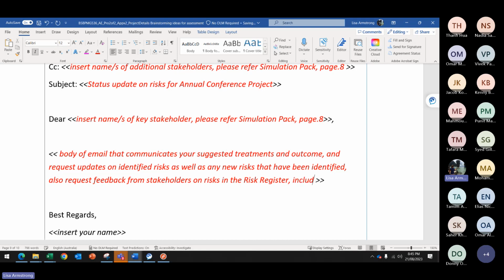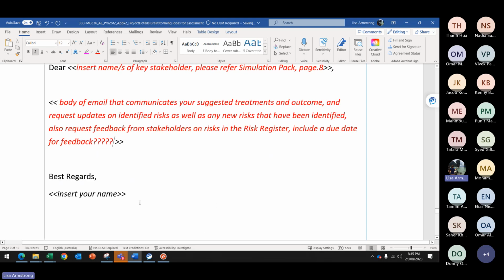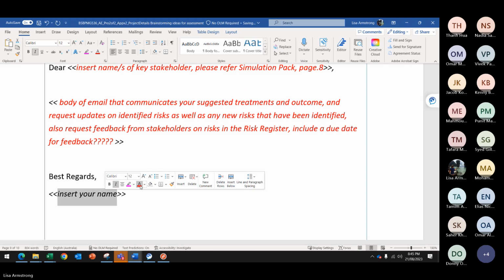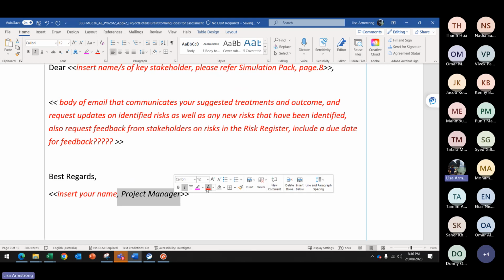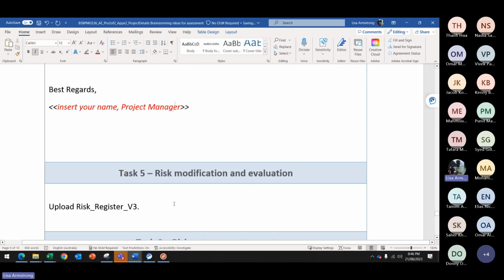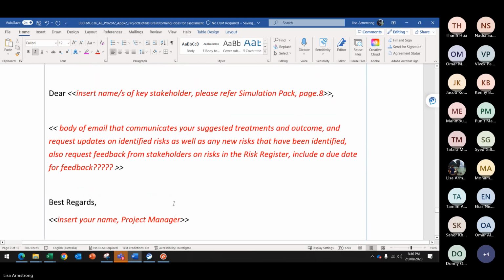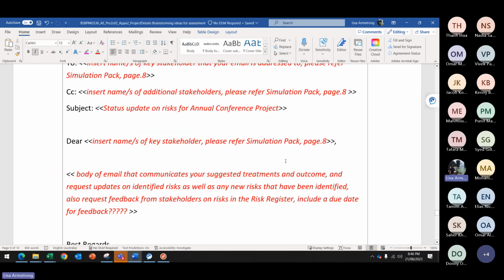Maybe even include a date. Sometimes that's helpful for planning, for feedback. Or something like that. And best regards, insert your name, as project manager, done. And that would give you another part of the communication process. Yeah, beautiful.